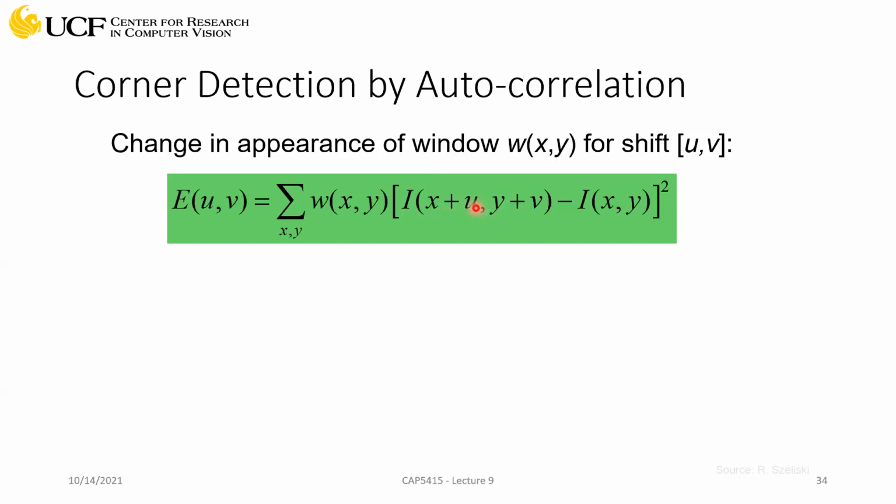This is the neighborhood of that pixel, because you are shifting the window with u and v, and this (u, v) is the neighborhood of that particular pixel. So essentially you're looking at a pixel and trying to find out if the intensity at that pixel is similar to neighboring pixels or not. That's the high level idea of finding autocorrelation.